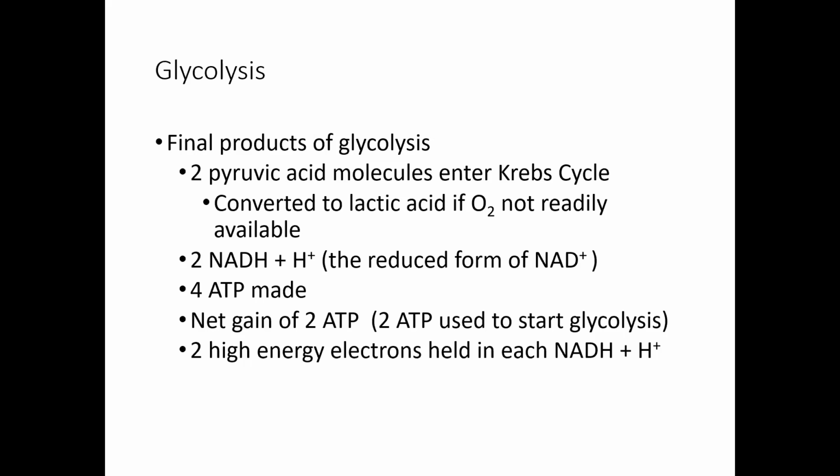If there's no oxygen available in the cells, then it becomes lactic acid. We make 2 NADH molecules. Each one holds 2 high energy electrons. 4 ATPs were made, but we had to burn 2. We had to start by burning 2 to get this. We had to use 2 ATPs to start the process, so our net gain is only 2. We burn 2 to make 4.